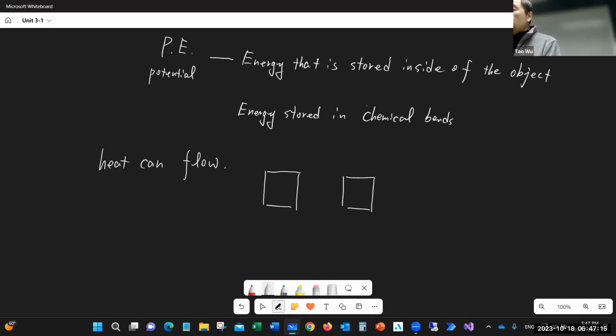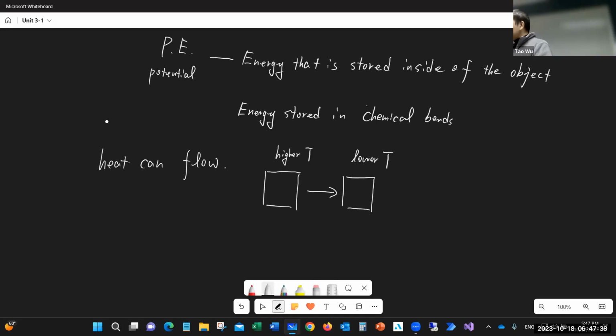Heat flows from a higher temperature object to a lower temperature object. That really doesn't depend on the size of the object. It only depends on the temperature of the object.